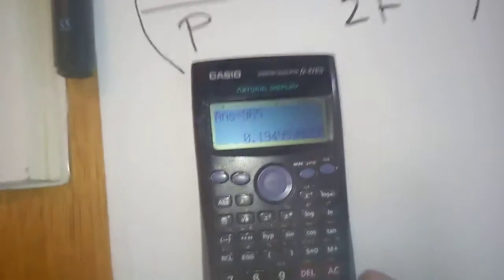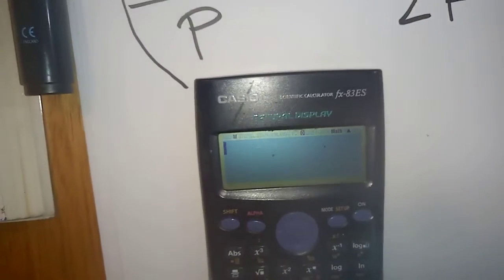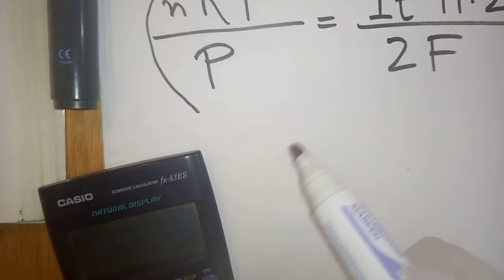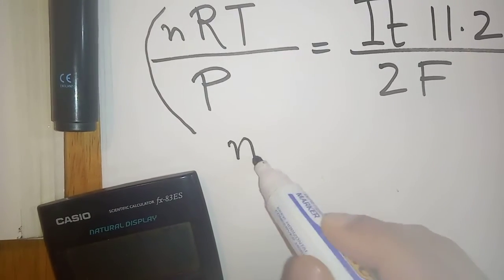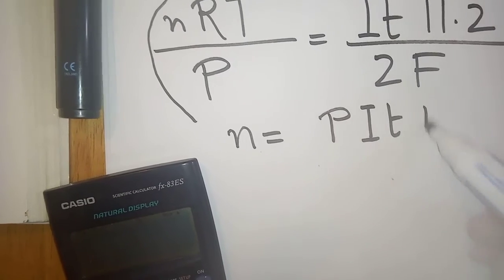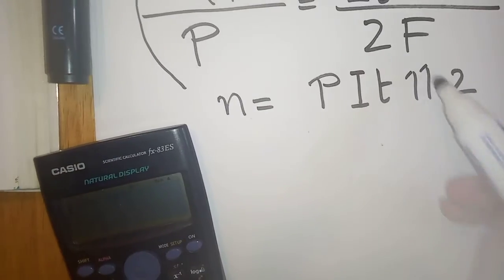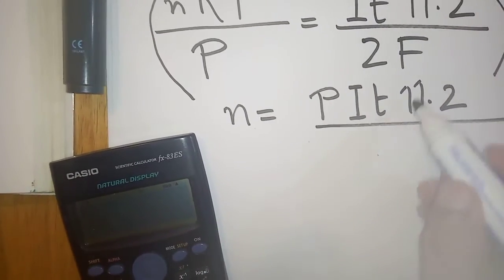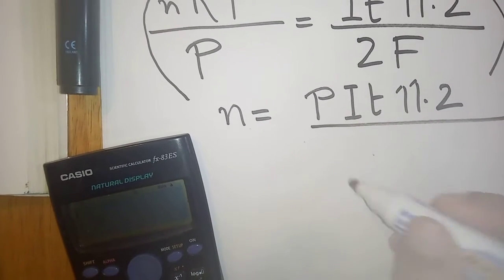So let me do that again. I have to find the moles. I'm just using 11.2 by approximation because I think it's STP, not RTP.